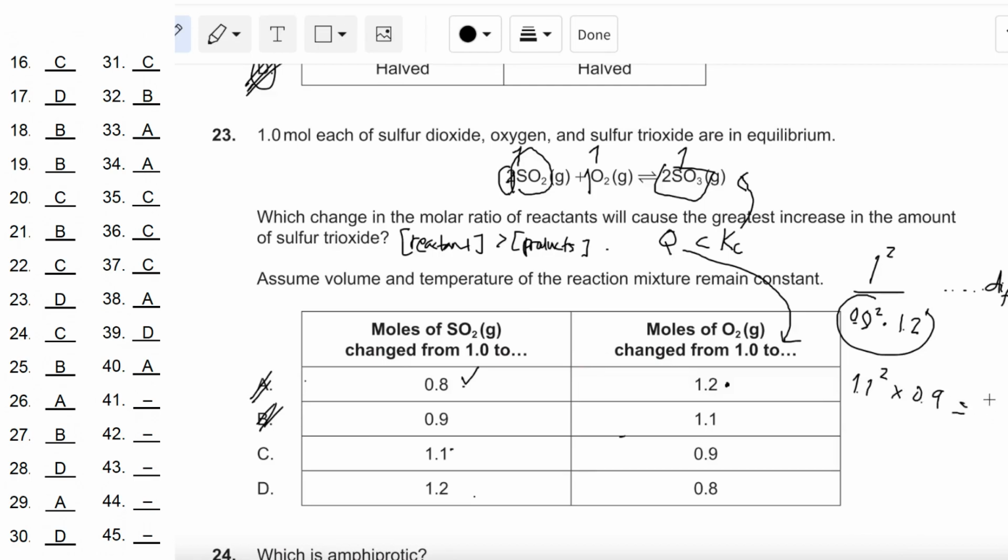It's around 1.08. If it's 1.2 squared times 0.8, it's going to be 1.152. So if it's 1 squared divided by 1.152 as the denominator, of course Q will be very small compared to 1.08. It means the answer will be D.